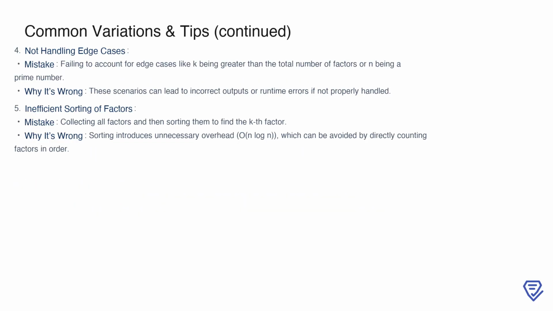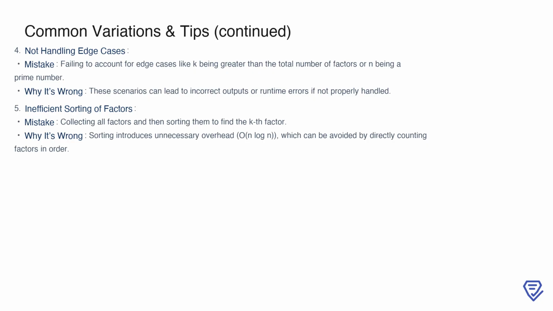Another common area where mistakes happen is in handling edge cases. For example, if k is greater than the total number of factors or if n is a prime number, your solution might fail if these scenarios aren't properly accounted for. Not handling these edge cases can lead to incorrect outputs or even runtime errors. Inefficient sorting of factors is another mistake that can slow down your solution.